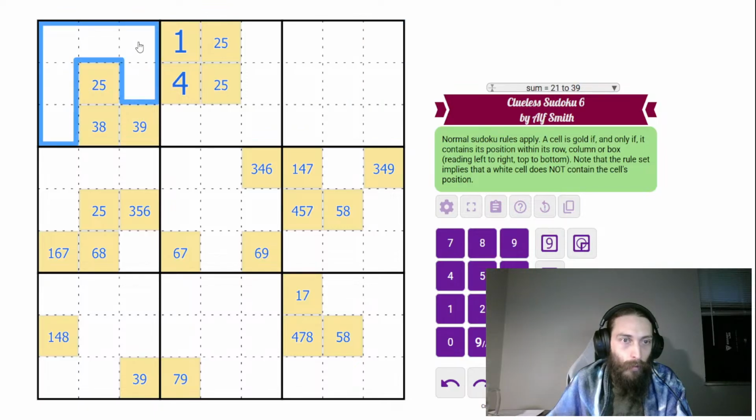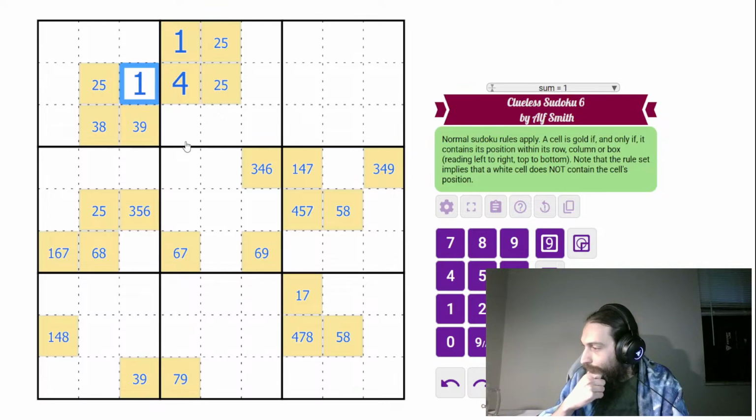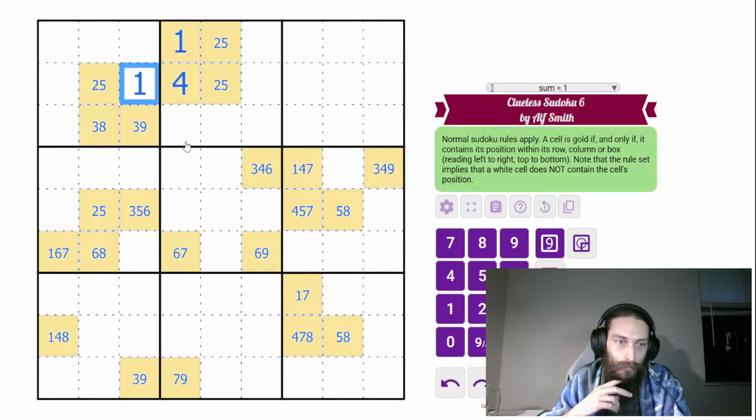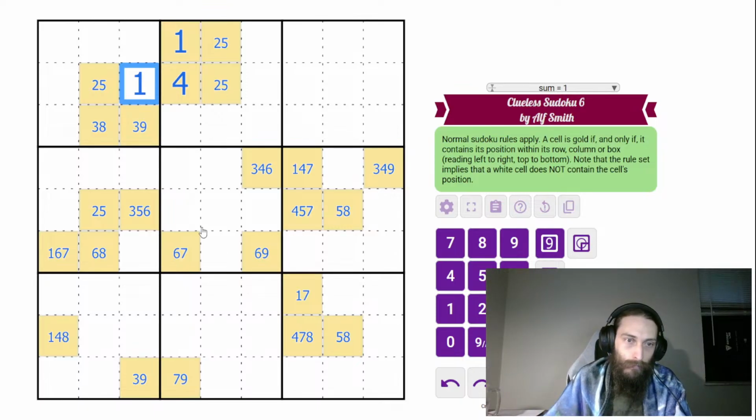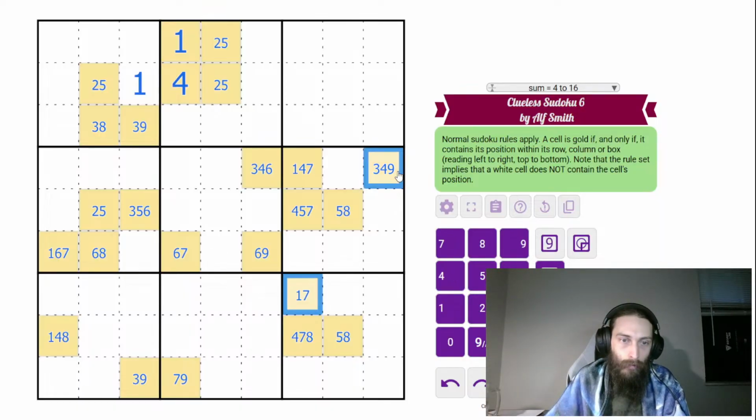I was going to ask where 1 could go in here, because it couldn't go in any of these positions. And then since these don't contain a 1, that would force a 1 here. Single gold boxes in each row and column. Well, that would be this one. And maybe that one.